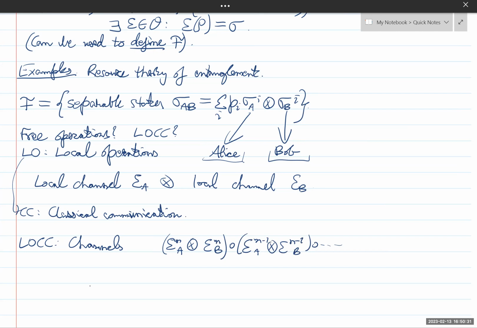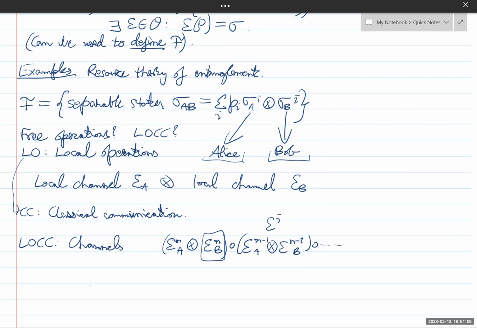So roughly speaking, these E_i, for i going from 1 to any number N, are local, but in between, Alice and Bob can make some classical communication between them, and then they can make the subsequent operations depend on outcomes that they had in previous rounds.